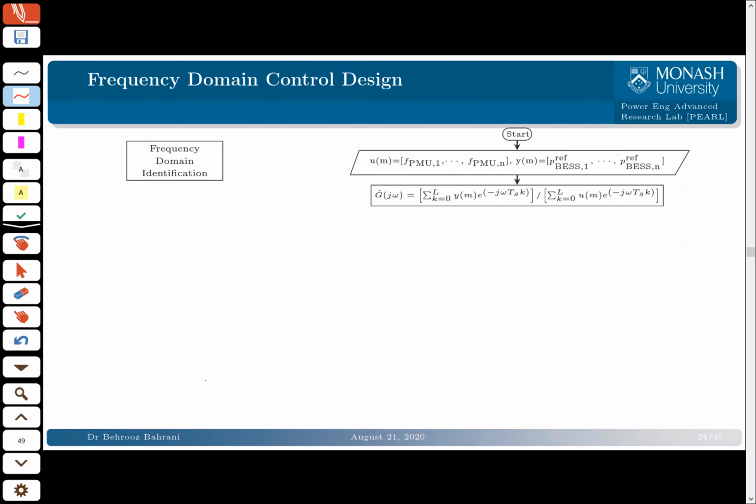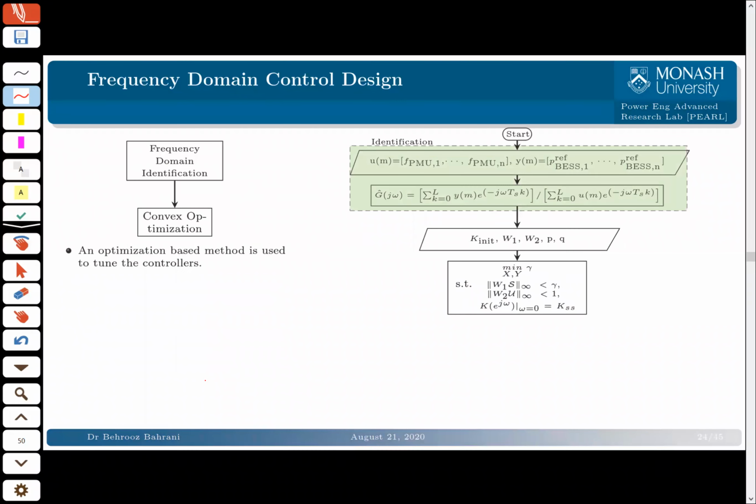I don't want to go through the details of this, otherwise we won't have time, but very briefly, first we excite the system and we do the identification. And then based on the model that we have identified, we find an initial controller, and then based on the initial controller, we want to come up with another controller that would give us the performance that we want.